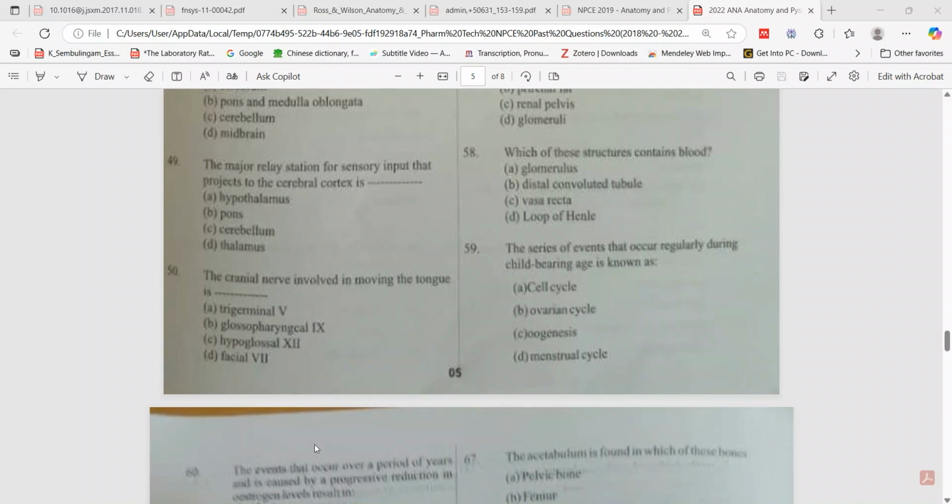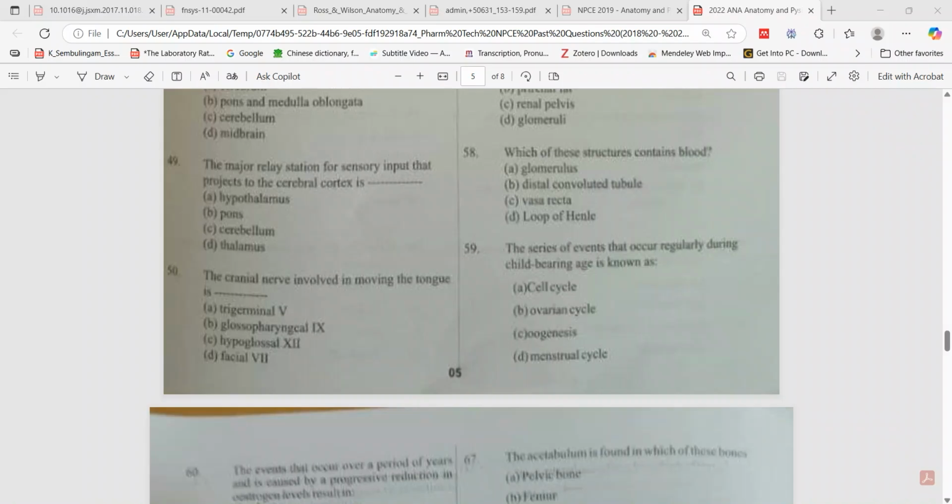49. The major relay station containing input that projects to the cerebral cortex is... So what's that?